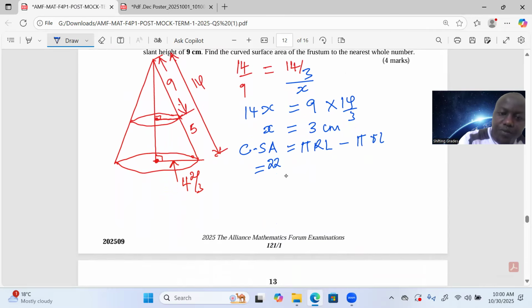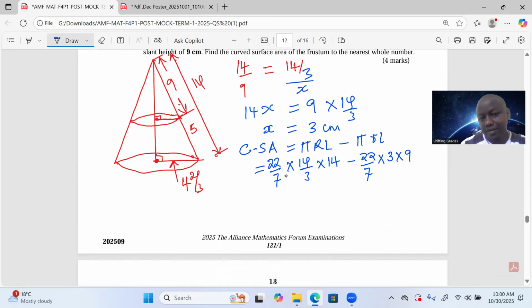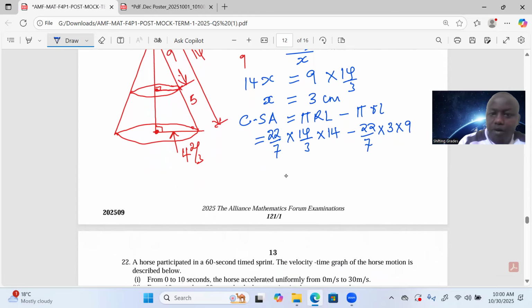So 22/7 times a radius of 14/3 times a slanting length of 14, minus 22/7 times a radius of 3 and a slanting edge of 9 for the smaller cone.